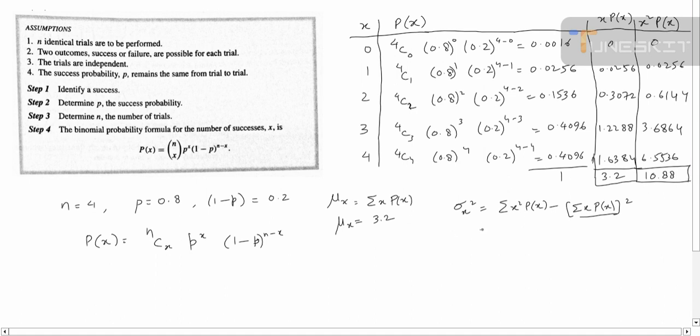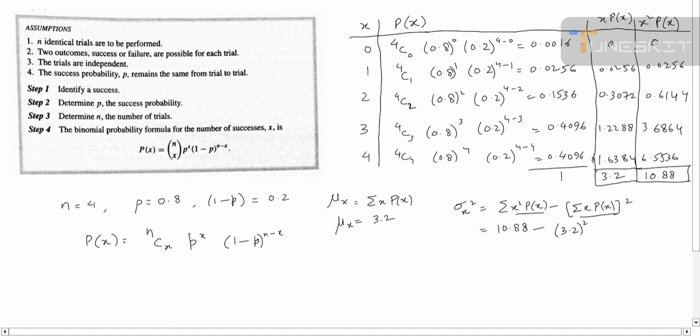So what we do, we will substitute in place of summation x squared times p of x, its value as 10.88 minus the mean value, which we have computed already as 3.2, and raise it to square.